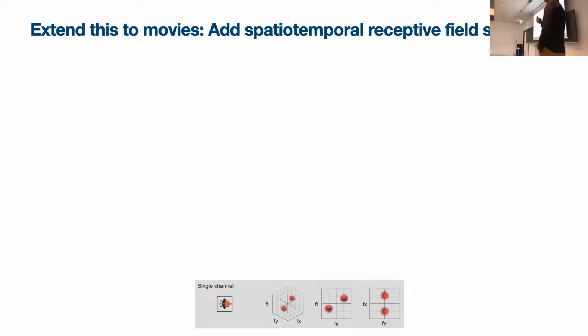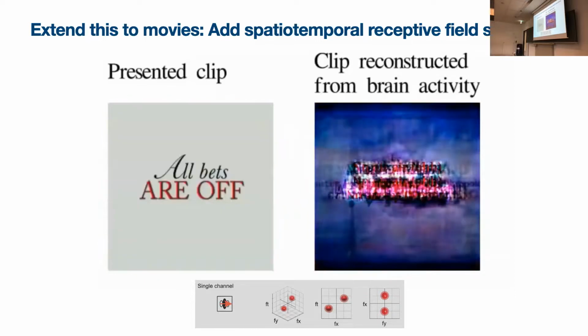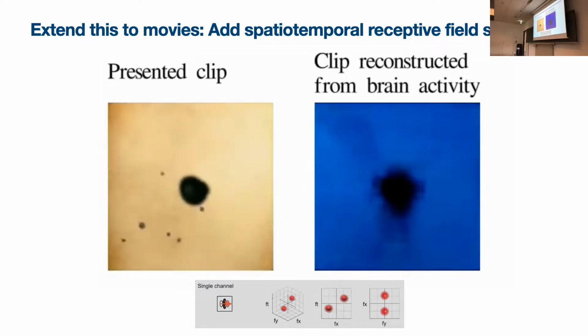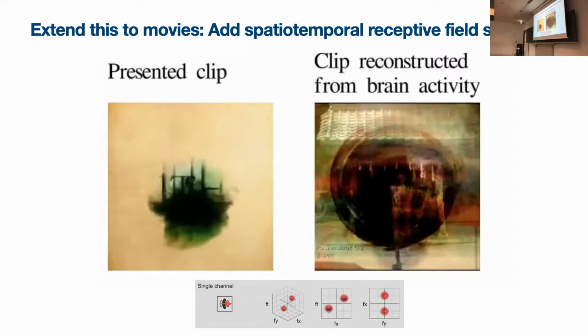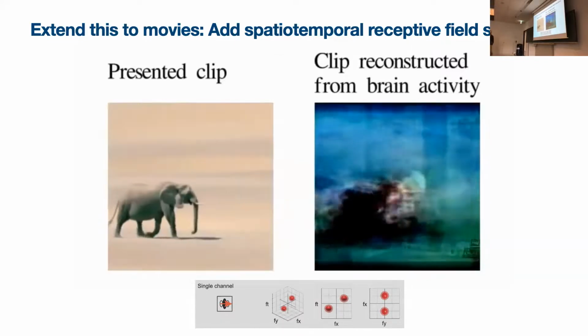So you can add more complicated encoding models, and explain the unit activation better and better with these models. And you can then start doing something like this: you can actually decode movies. This is what that looks like if you do it from the entire visual brain. You present someone with these clips, and you can reconstruct from their brain something like this.